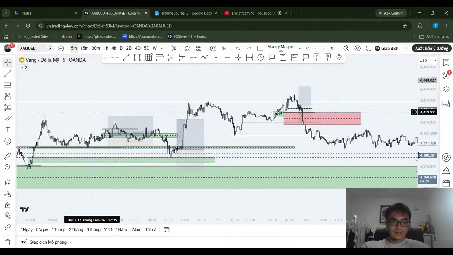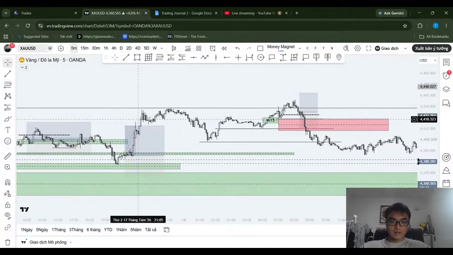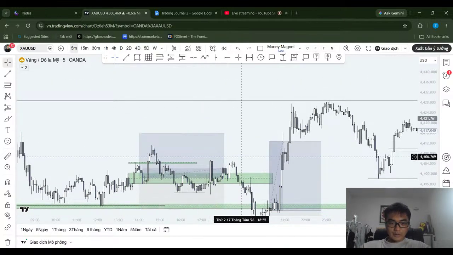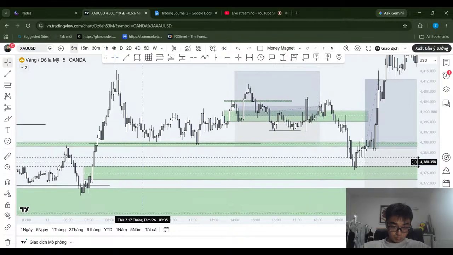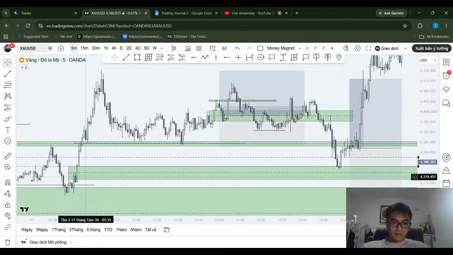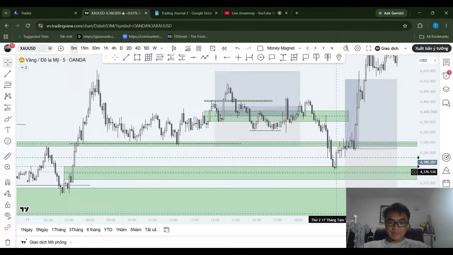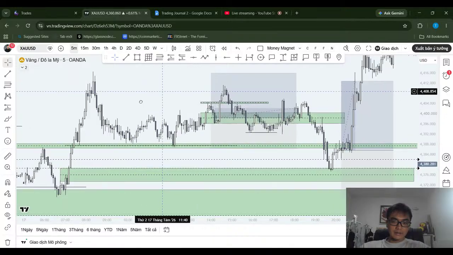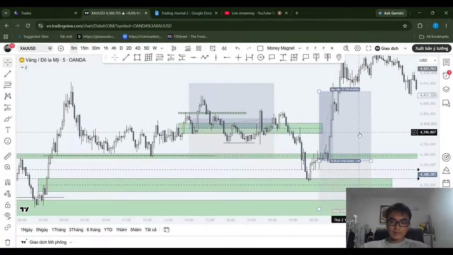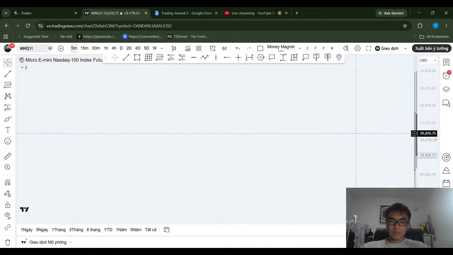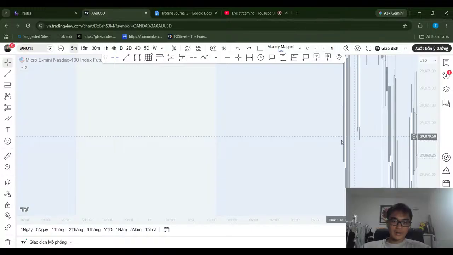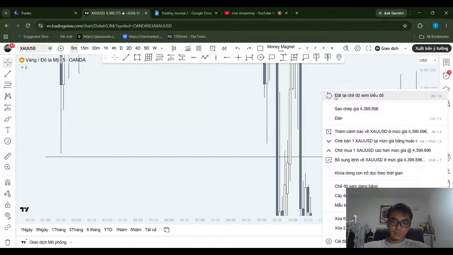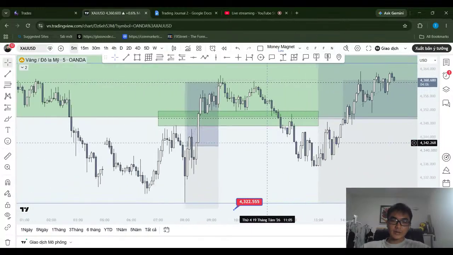When I see the FVG around this level, I set a buy limit from here, and from this point of view, I just had around 1.5R without doing anything.